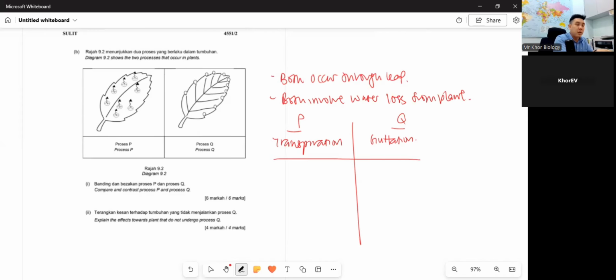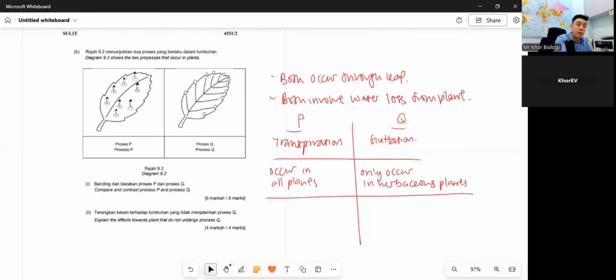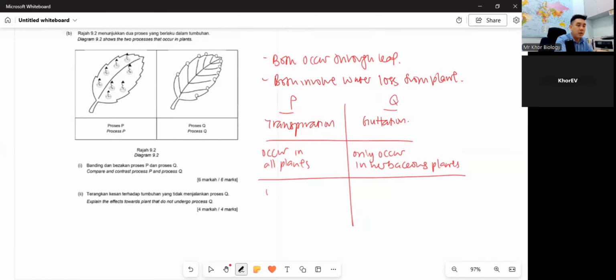Now, transpiration actually occurs in all plants, but guttation, guys, only occurs in herbaceous plants. Next, mention from where water is lost.